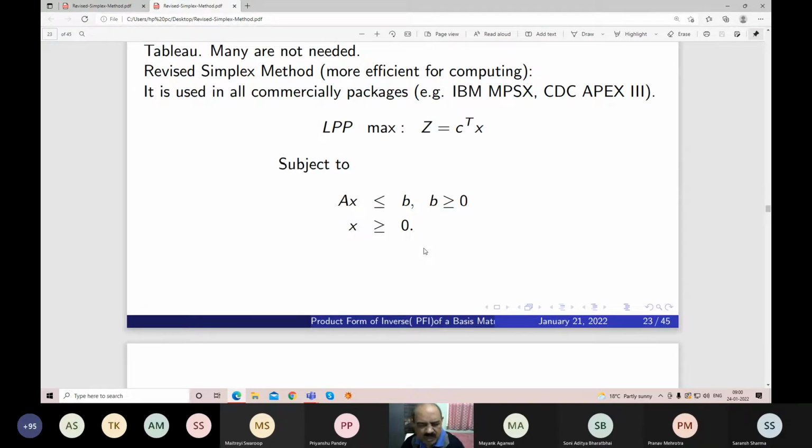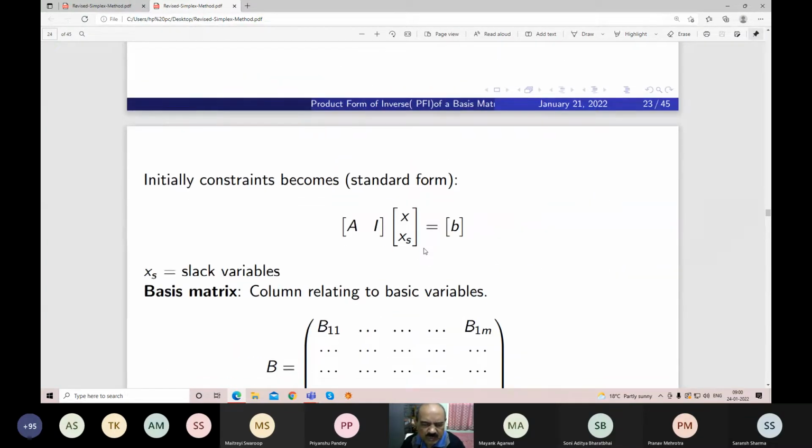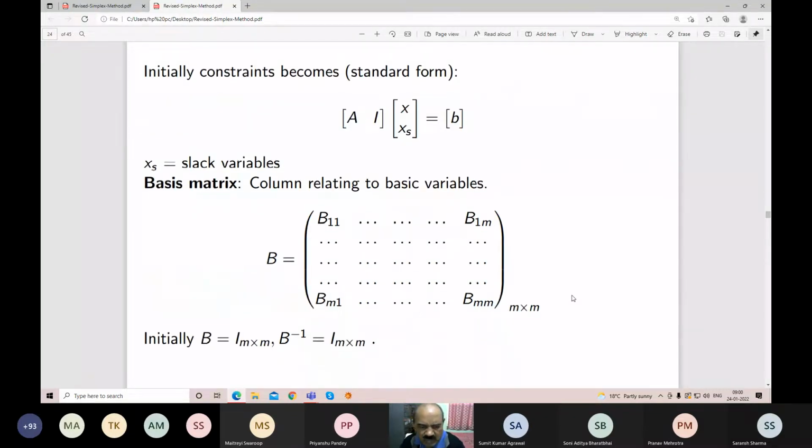The slack variables are the basic variables. So we can write in this form. Since we are using only slack variables, we have a basis matrix of size m by m.